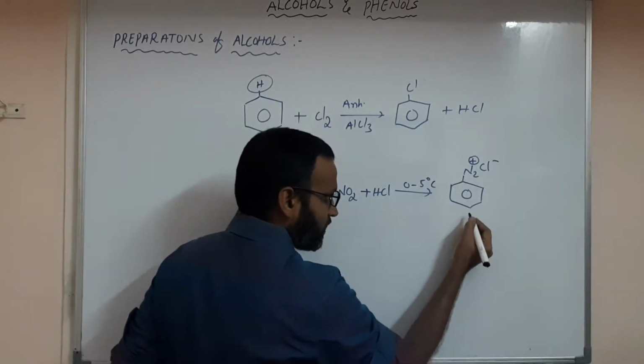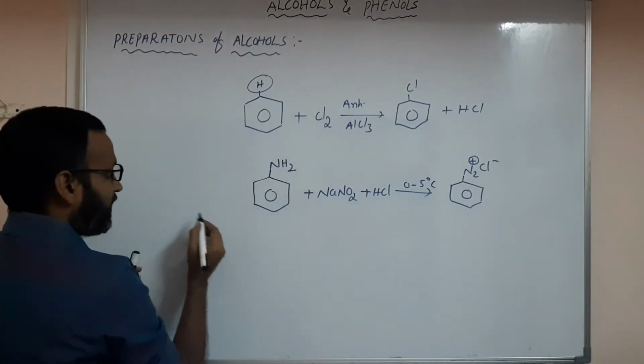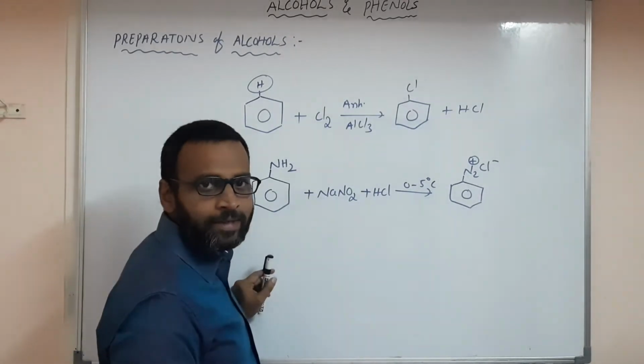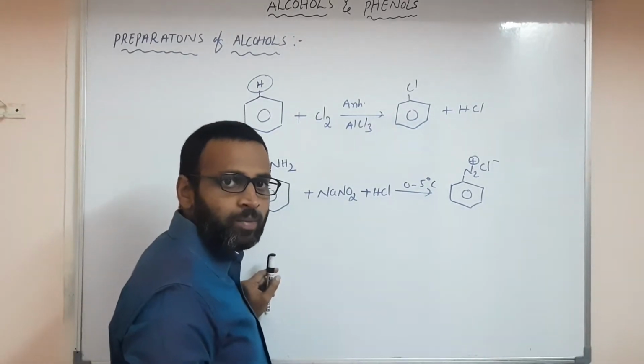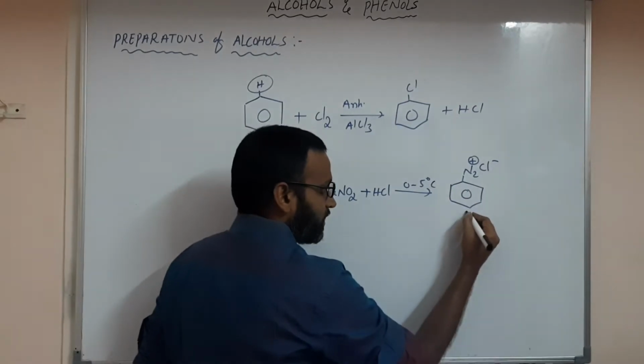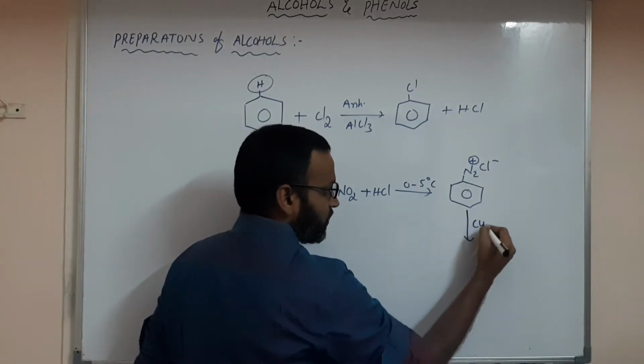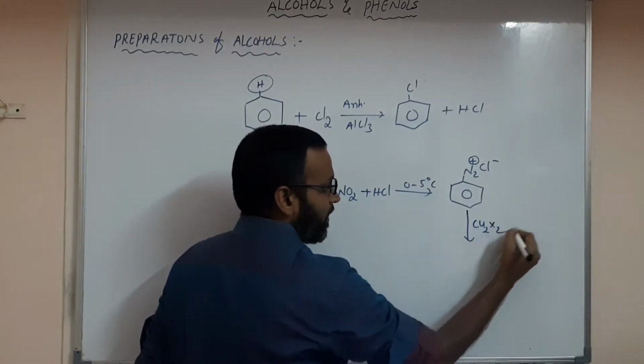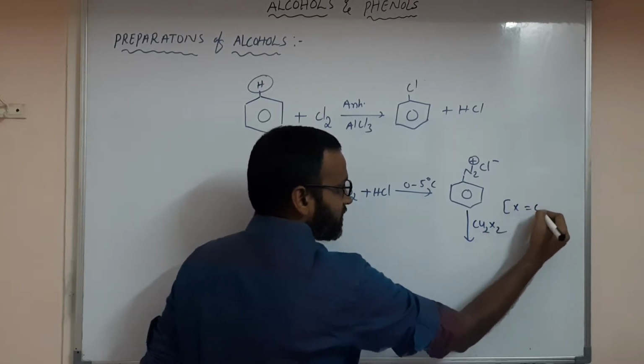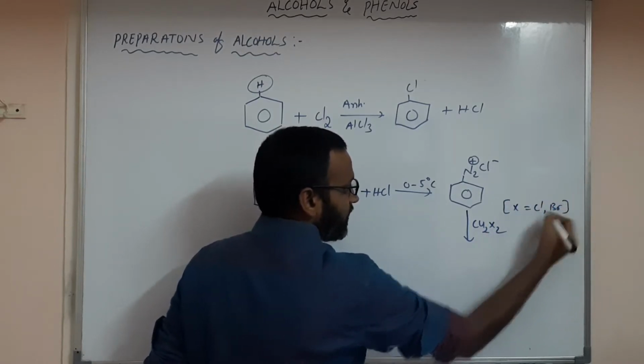This benzene diazonium chloride, when treated with cuprous chloride, you can say Cu2X2, where X is chlorine or bromine.